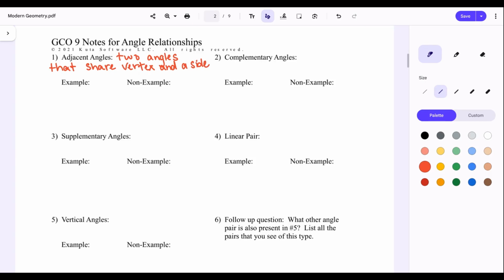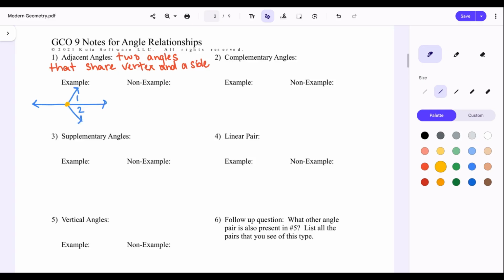So I'm going to give you an example and a non-example here. An example of adjacent angles would look like this. I'm going to number this angle 1 and this one 2. Those two angles would be adjacent with each other because they share this point right here.